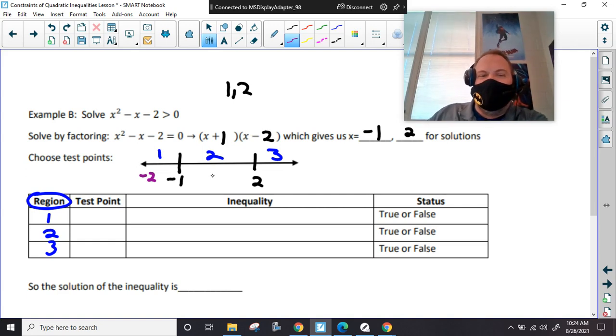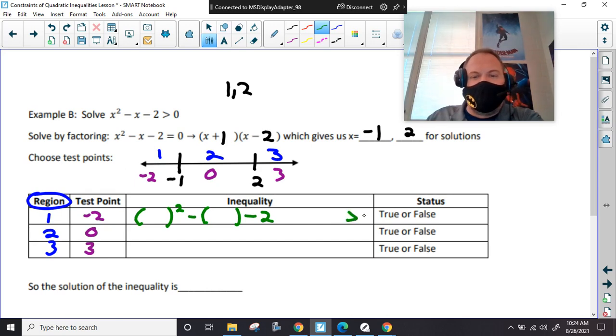So I'm glad you answered that because I was really lost. All right. What's a good point for region 2? 0. Awesome. And what's a number bigger than 2? 3. So here's our test points. Okay. And our test points are what we're going to plug in to see. Now, this has to be greater than 0. All right.